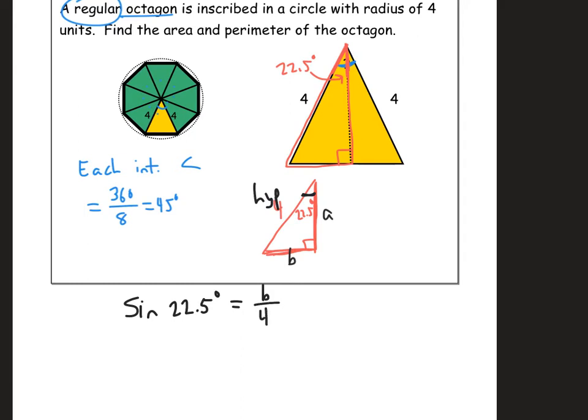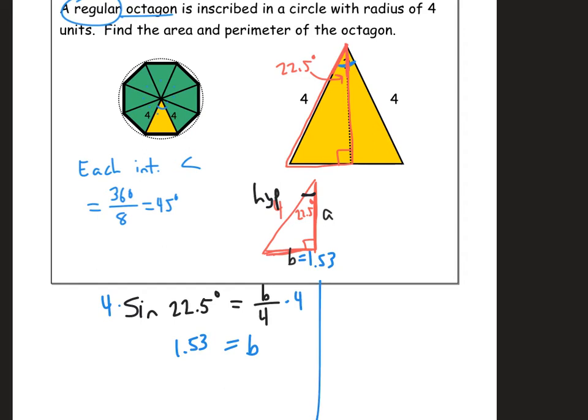On my calculator, making sure we're in degree mode, I'm going to solve for B by multiplying both sides by 4. So 4 times the sine of 22.5. B ends up equaling about 1.53. So that's this length down here, 1.53.